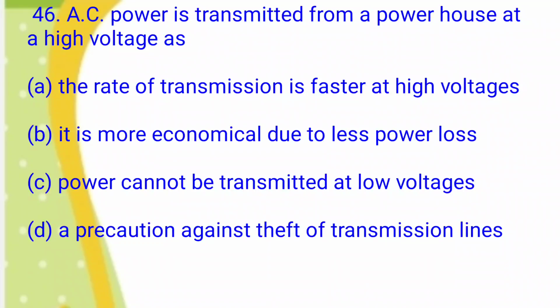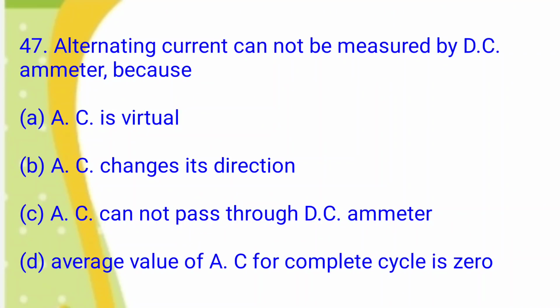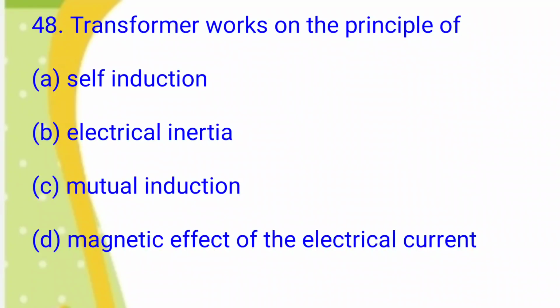AC power is transmitted from a powerhouse at high voltage as it is more economical due to less power loss. Alternating current cannot be measured by a DC ammeter because AC changes its direction.